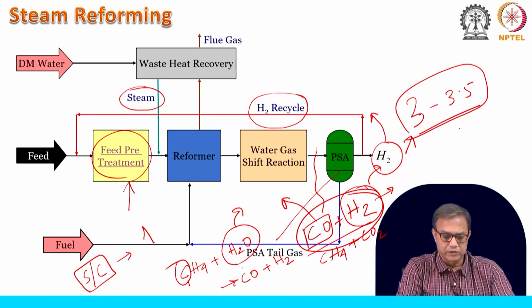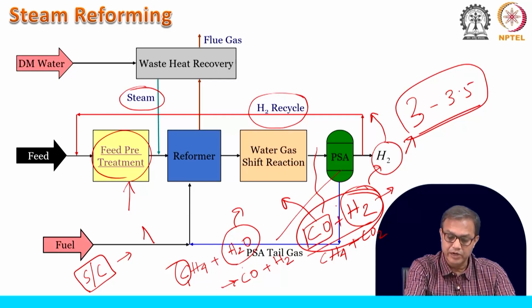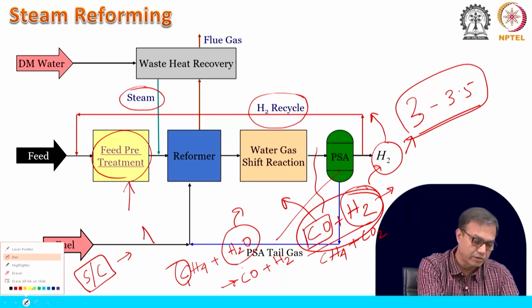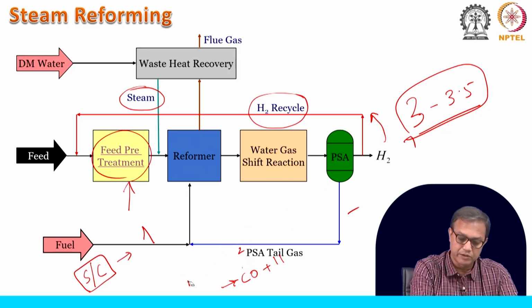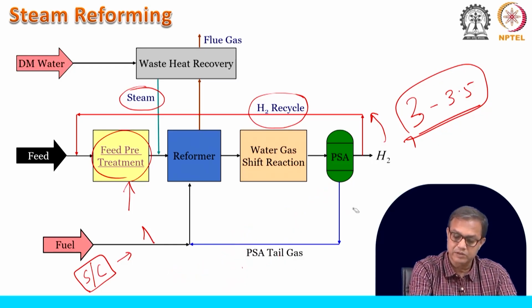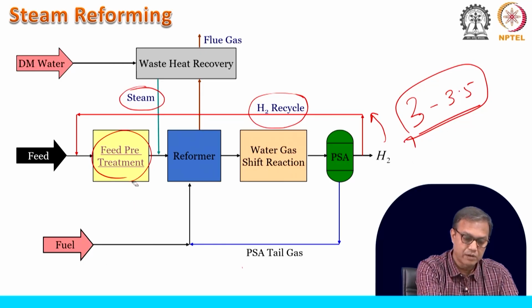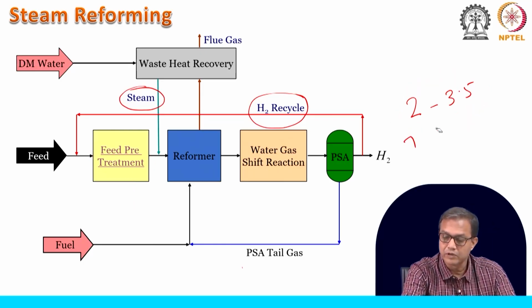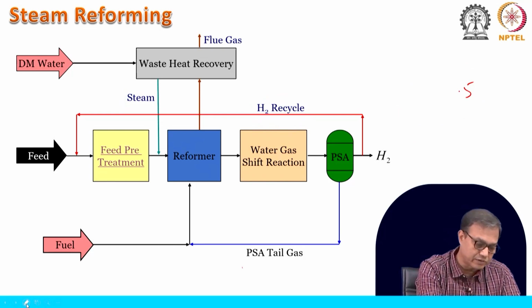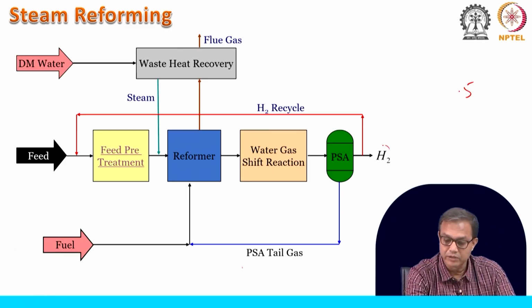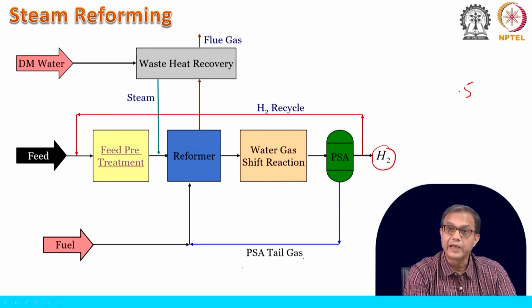Fine. So, this is the tail gas part. Here you can see that we have obtained this cleaned version of the gas coming from here. So, this is the PSA system, and this PSA system has finally generated this hydrogen, but at the same time this is called the PSA tail gas.